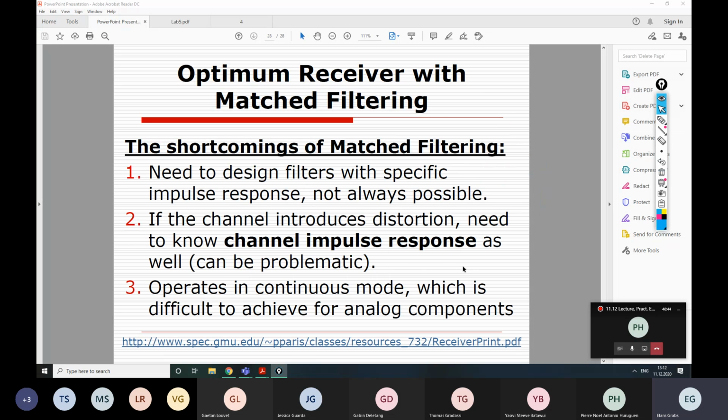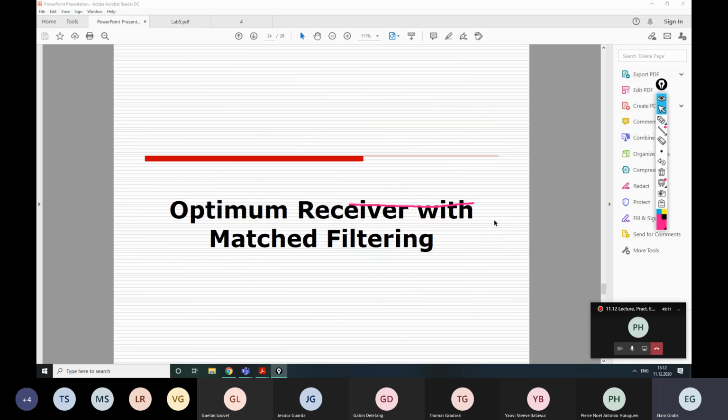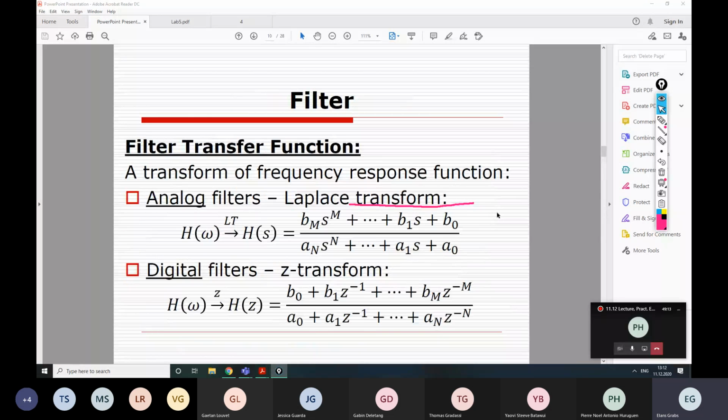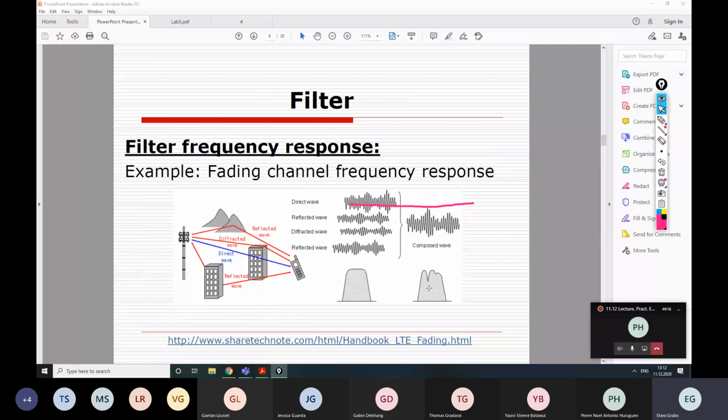Of course, this approach has multiple disadvantages, some shortcomings. The main shortcoming is that it's not always possible to design filters with these impulse responses, especially in analog form. Now that's a problem. Secondly, if we have some channel with distortions, for example, as has been shown in this picture, right?